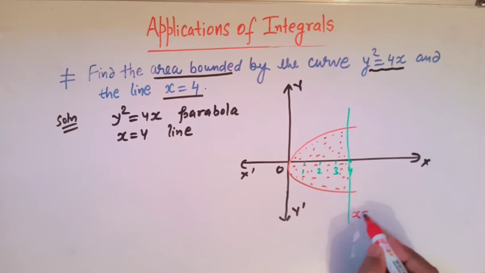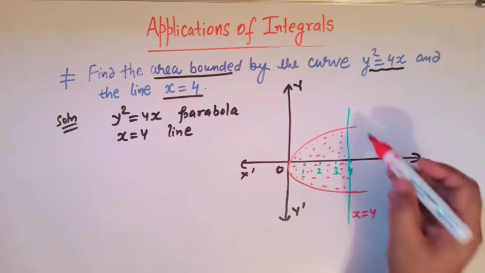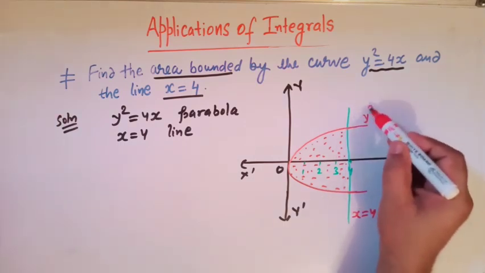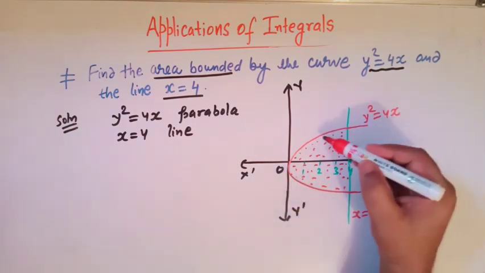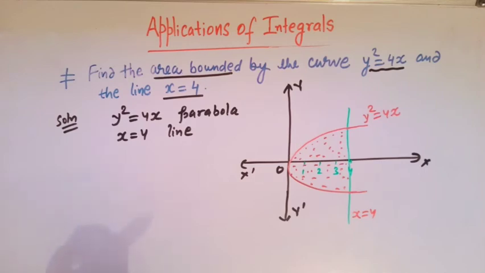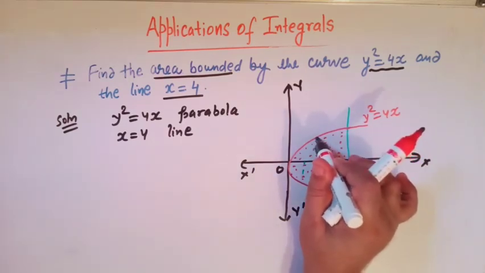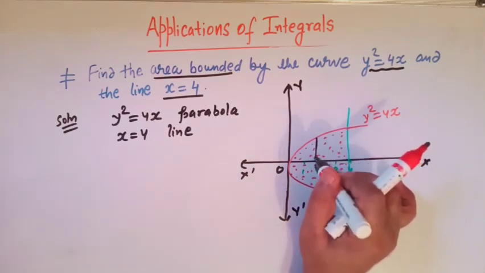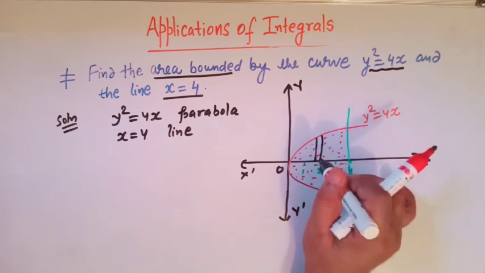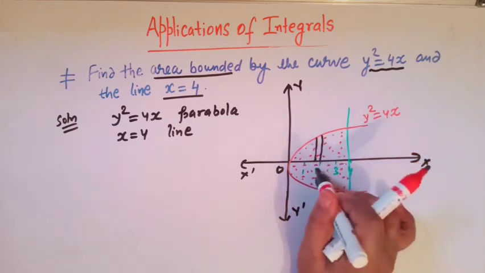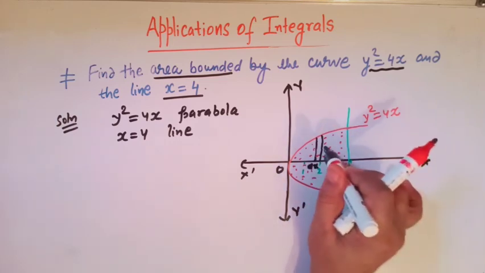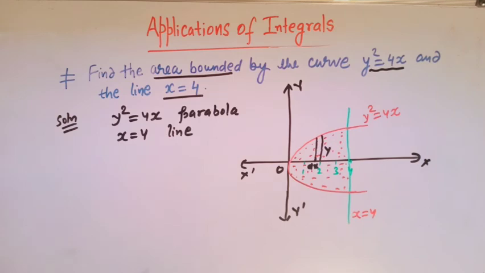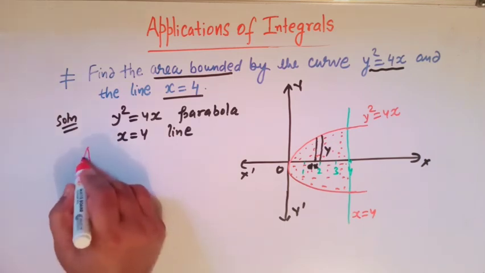So this is the line x equal to 4, and this is y square equal to 4x, and let us draw the elementary strip. See, this is the elementary strip, right? So the width is dx and the height is y.